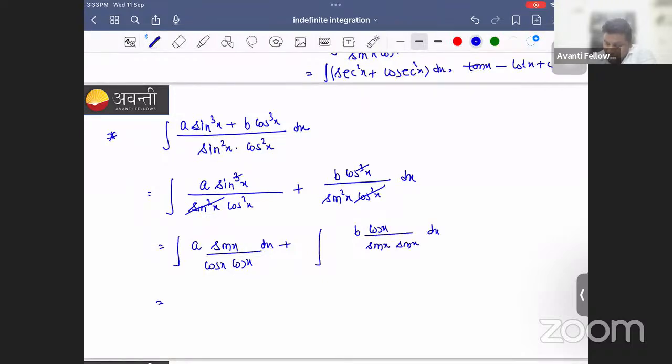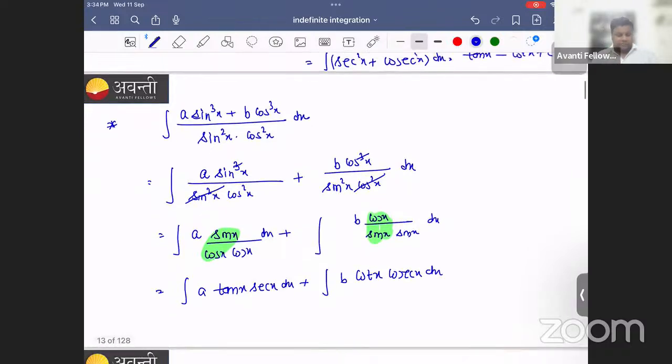Got it? Now collect them all together, sine by cos as tan and cos by sine as cot. So it will be a tan x sec x dx plus b cot x cosec x dx. Yes or no?